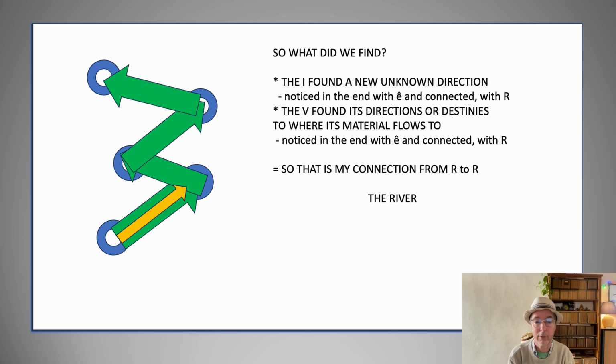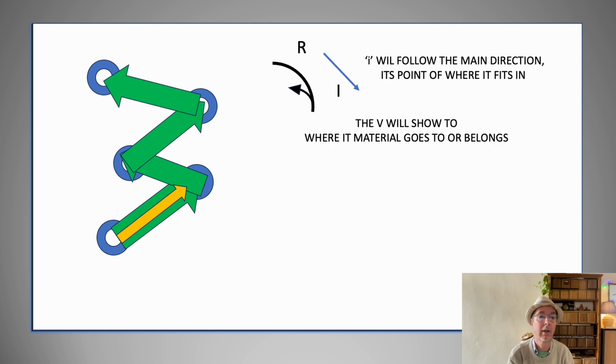Can I also describe it with the forms that I had before as a helpful tool? Let's do so. The R turns into a direction, and it also changes direction if needed, and the E will follow that main direction, so the point will simply fit in.